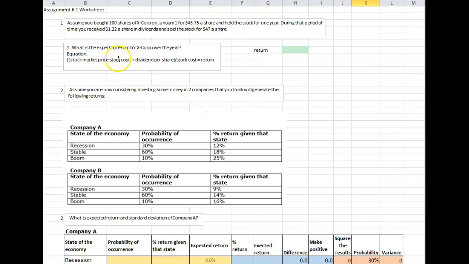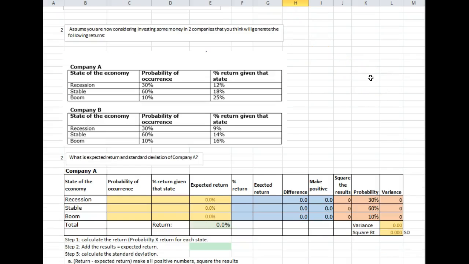You subtract that, add the dividend, 1.22, and divide it by the stock cost, and that will give you the return. You need those three things: price, cost, dividend, and you're good to go. So that one should be pretty easy.